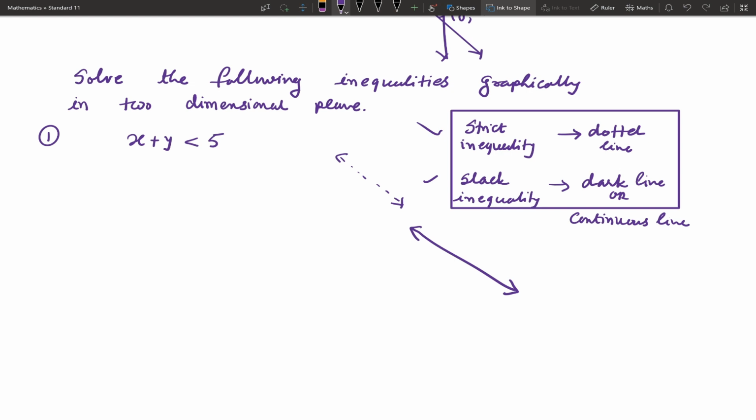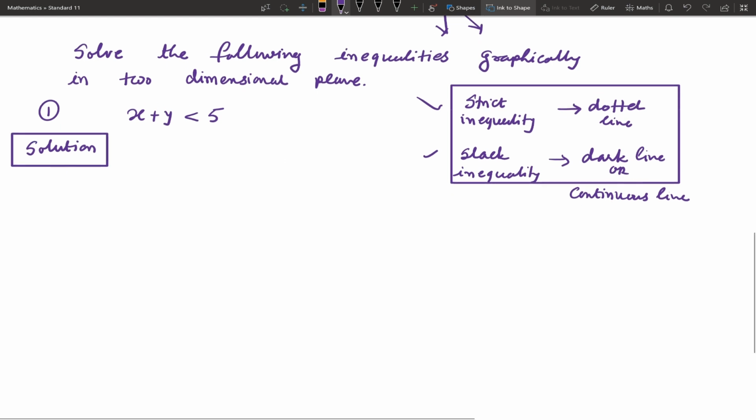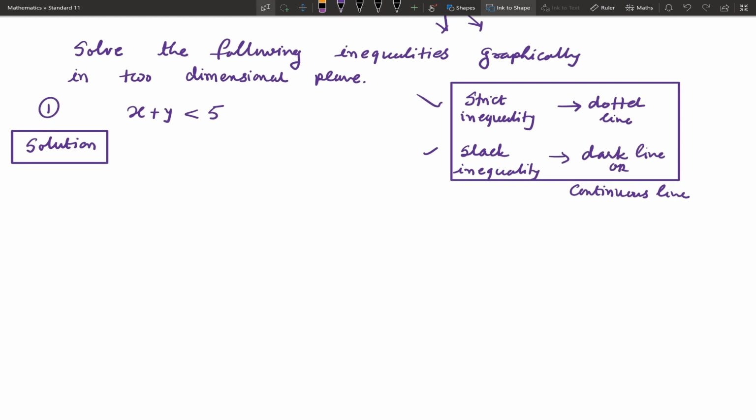Now, to get the solution of the inequality x plus y less than 5 graphically, first you remove the inequality and take equality. So when we take equality, x plus y equal to 5.